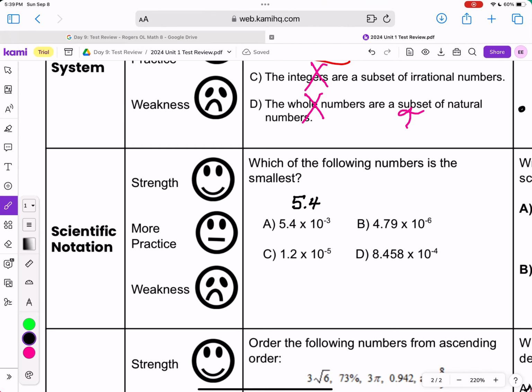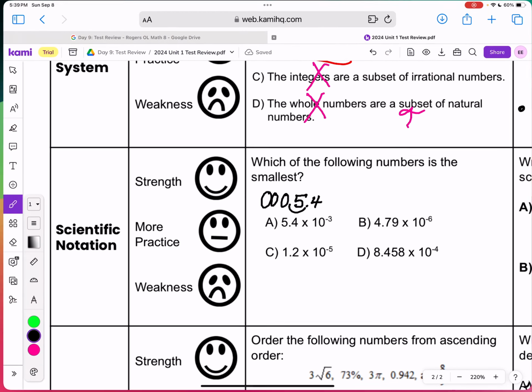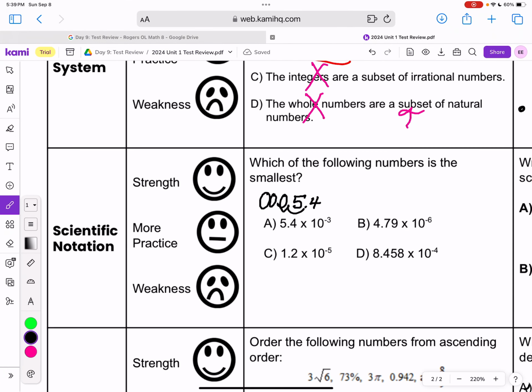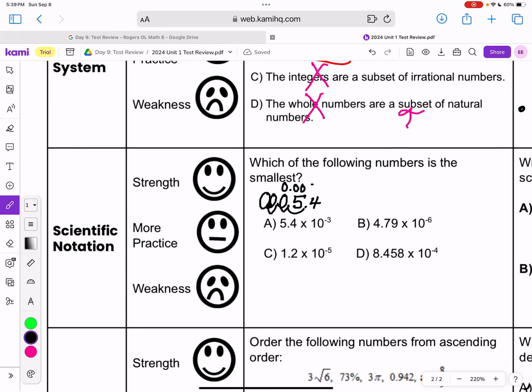Okay? So this is 0.0054. This one's going to go back 6 spaces. So 1, 2, 3, 4, 5, 6. So that's 1, 2, 3, 4, 5.